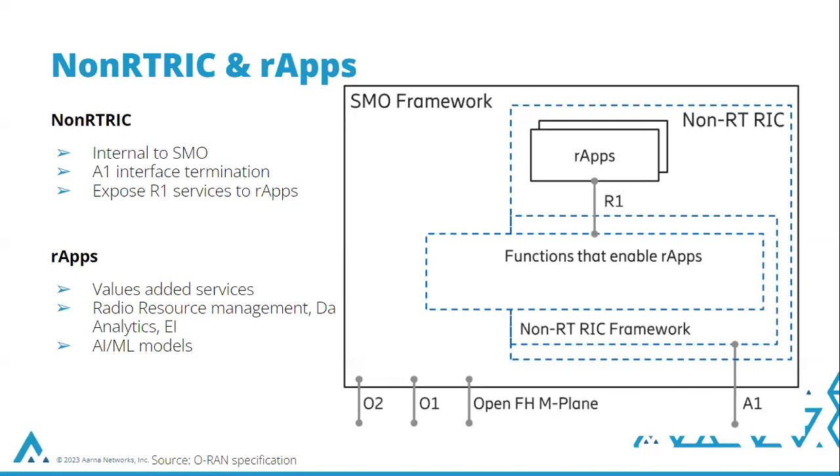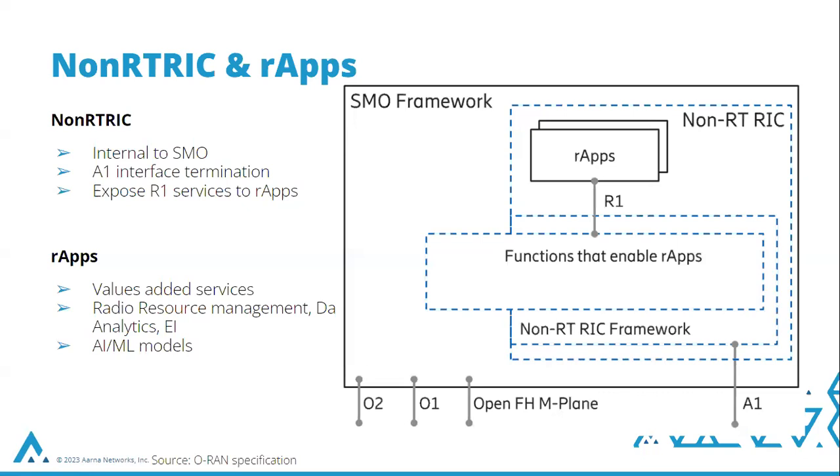As my colleague explained in the previous slide, the Non-RT RIC is part of the SMO, and it has the termination of the A1 interface, where it interacts with the Near-RT RIC and provides all the policy guidance, enrichment information, and AI/ML models via the A1 interface to the Near-RT RIC. It also exposes R1 services to the rApps. That's a brief about the Non-RT RIC part.